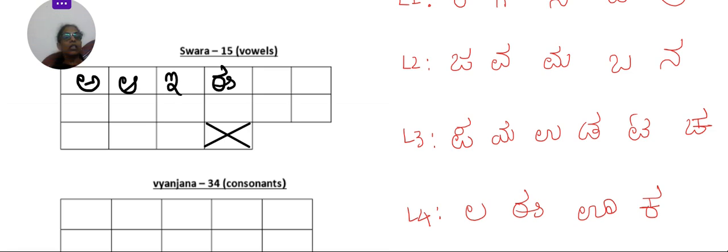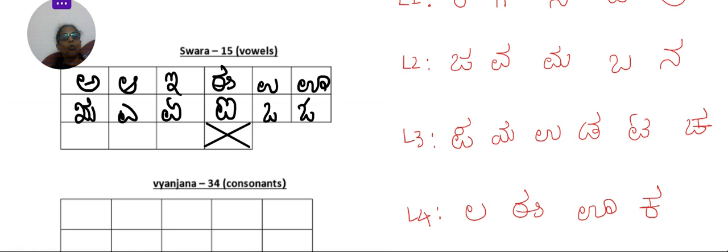A, I, U, Ru, then E, I, O, and Ow we have seen. Okay, all these swaras we have already seen.